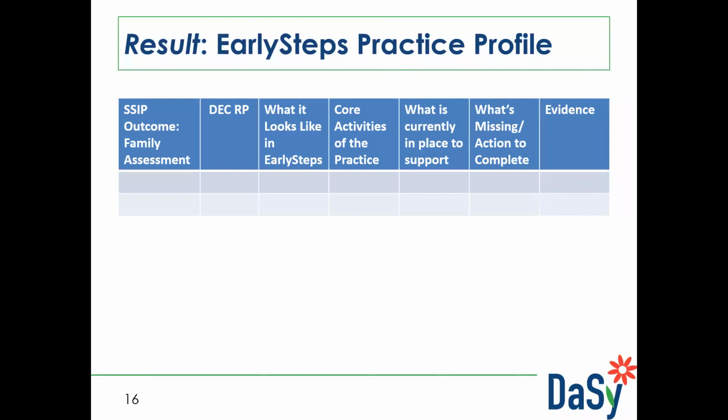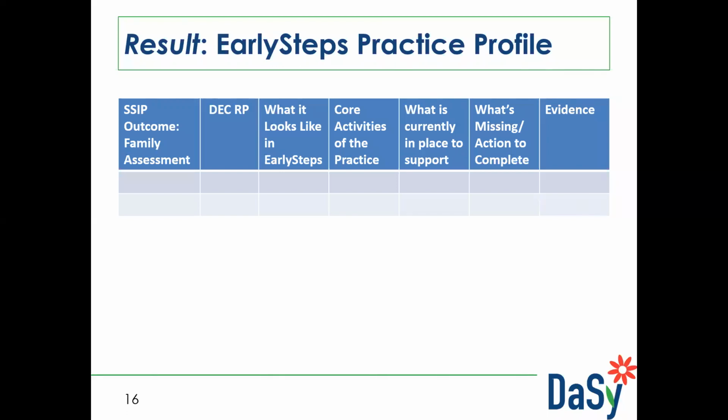So I'll just walk you through it. Remember we have the 3 practice improvement areas, and the one that used the qualitative method process was family assessment. So for the family assessment profile, they had an outcome for what they hoped to accomplish through the family assessment. So that went in column 1.